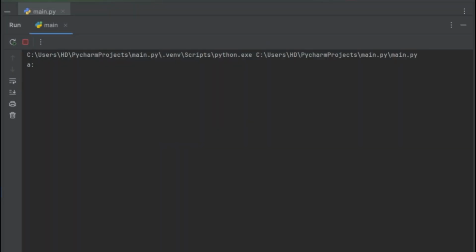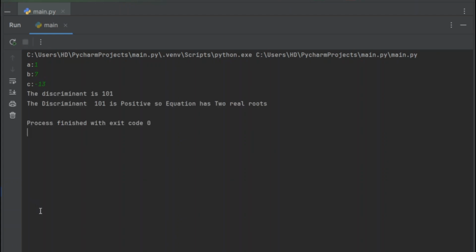Lastly, let's check those quadratic equations which we solved previously in Python. Let's see what we get. Suppose we have the equation b square plus 7b minus 13. In that we have a is 1, b is 7, and lastly c is minus 13. We will get the discriminant 101, and the discriminant is positive, so the equation has two real roots.